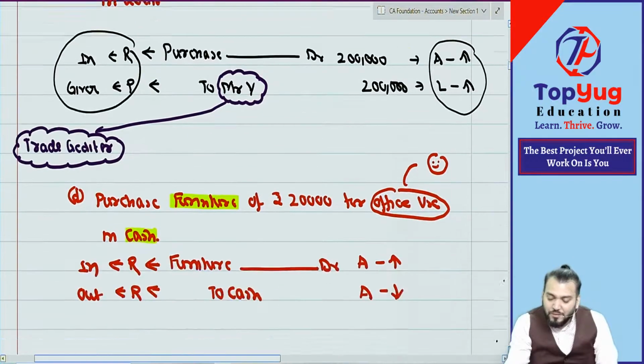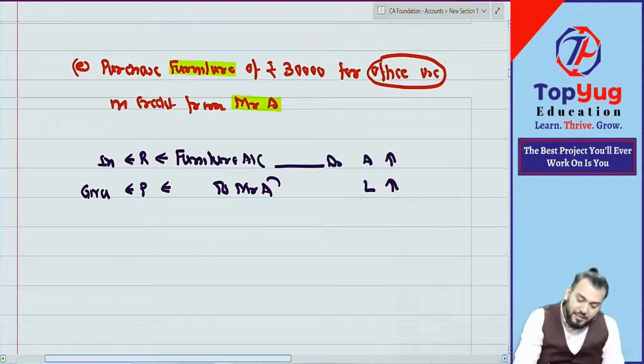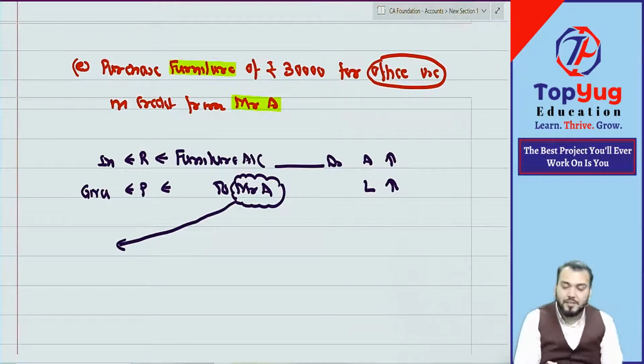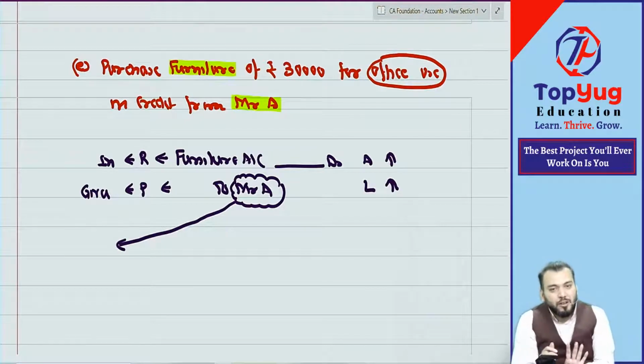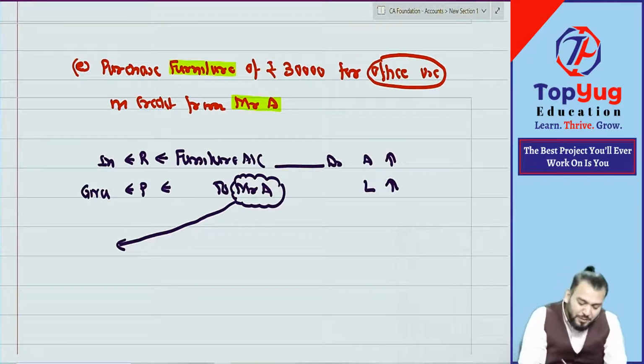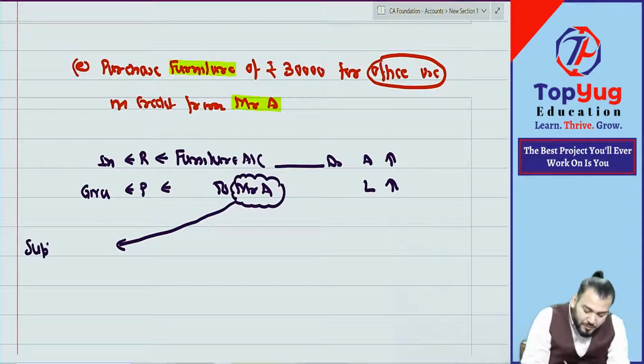You can see there is one more person, Mr. A. He is also a liability, but he will not be a trade creditor because we are purchasing furniture, not goods. Are you getting what I am saying? So he will be known as supplier of fixed assets.